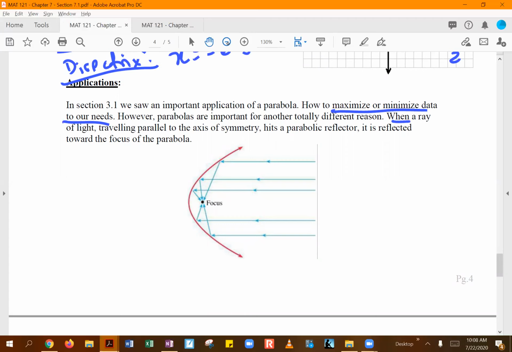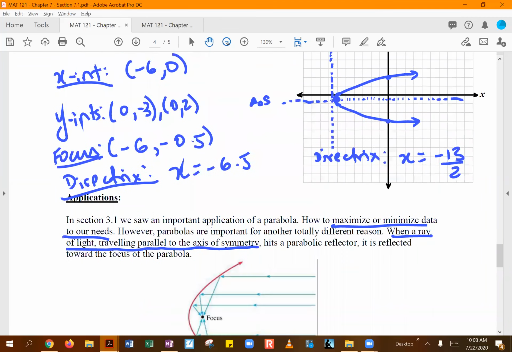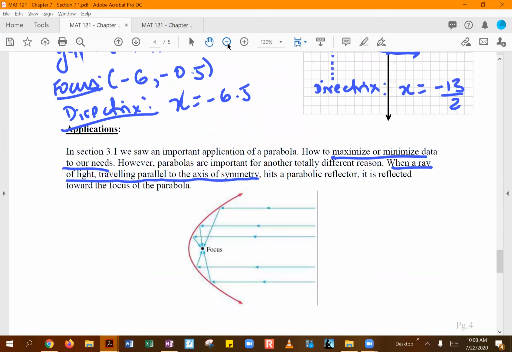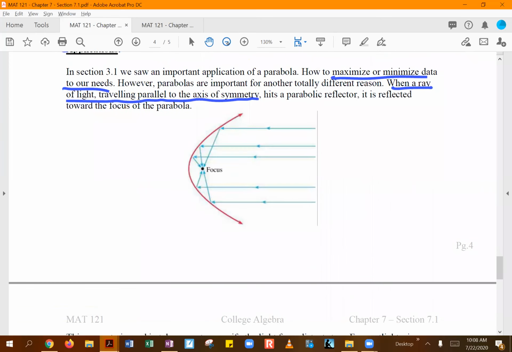So we are talking about when a ray of light is traveling parallel to the axis of symmetry. This is of course talking in terms of when your parabolas are opening right or left. So your axis of symmetry, remember, is this horizontal line. The axis of symmetry is the line passing through the vertex and the focus.